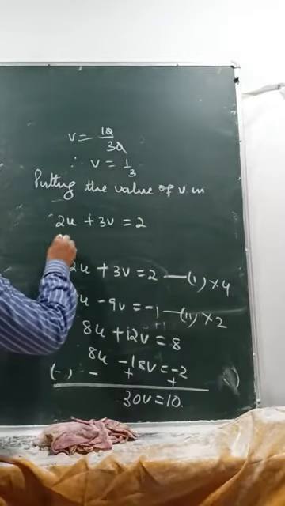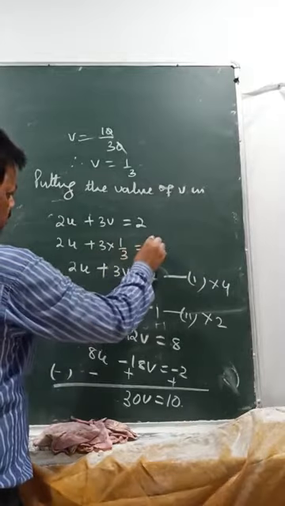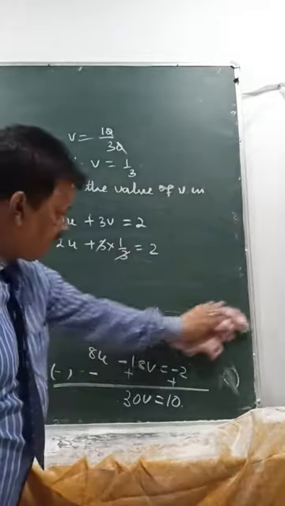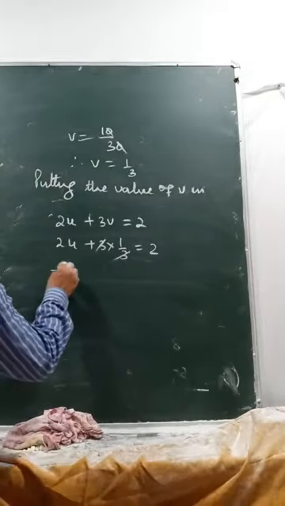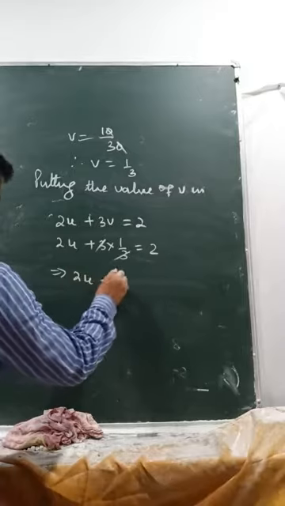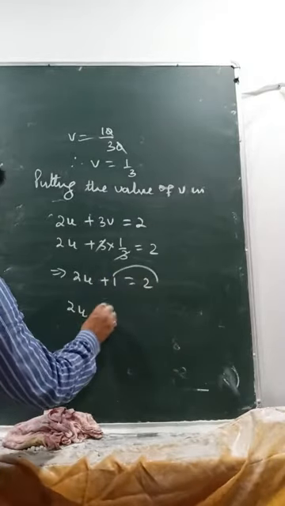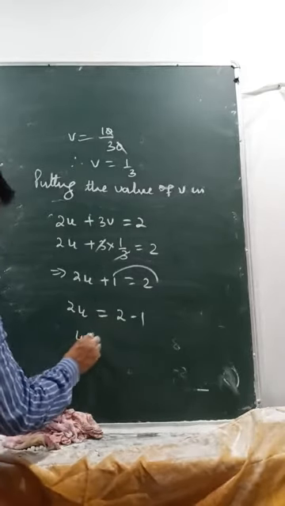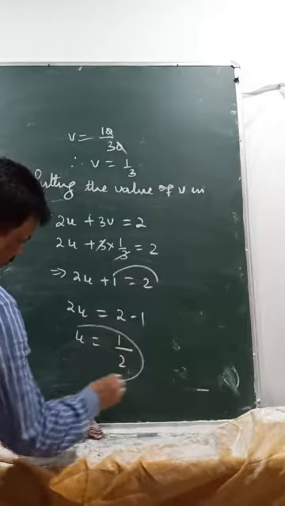So 2u plus 3 into 1 by 3 equals 2. This is easier. So 3 is cancelled. Now 2u plus 1 equals 2. 1 will go to this side. 2u equals 2 minus 1. u equals 1 by 2. Okay, you got u here.